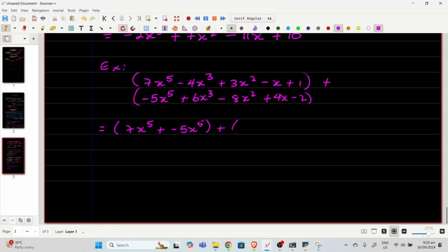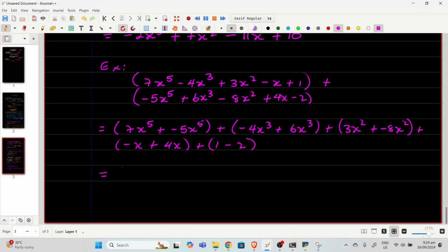Then we have negative 4x to the third power plus 6x cubed. Then we have plus 3x to the second power plus minus 8x squared. And then we have plus minus x plus 4x. And then we have 1 minus 2. And we solve those and we get our answer.